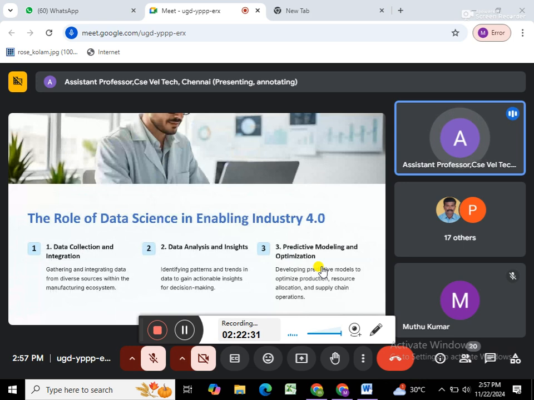We have to think how it will be after 20 years, how it will be after 30 years. Based on this vision only, we can start any such new venture. That is why data analysis is very important.